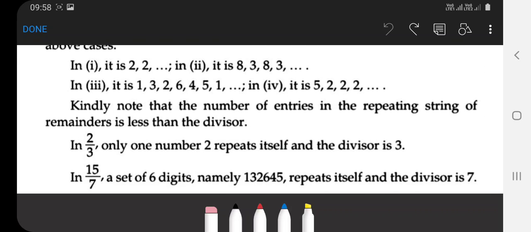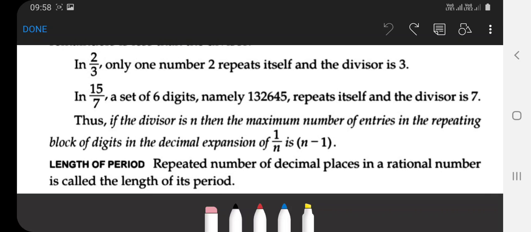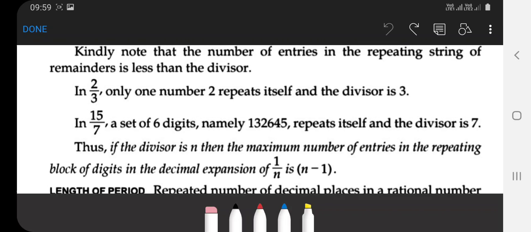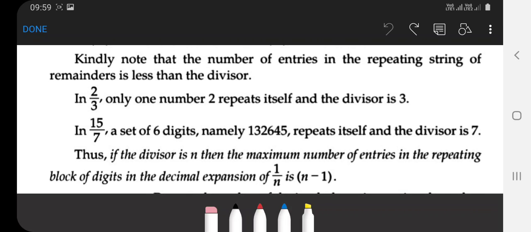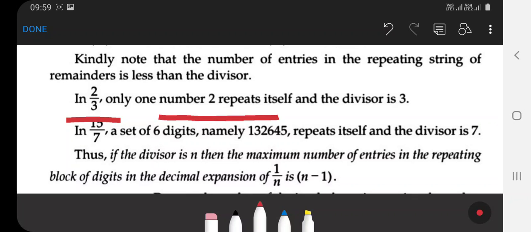You have to do all these questions by yourself. When you do these questions yourself, you will get some results. In 2 by 3 there is only 2 repeated.